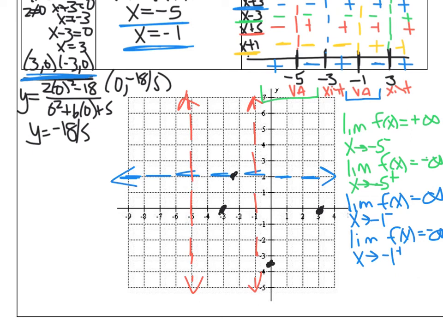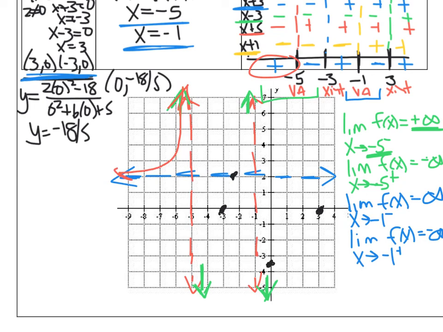Anything else? Nope. So let's add our limit analysis information. So left of negative 5 is going to go to positive infinity. To the right of negative 5 is going down. Left of negative 1 is going up. Right of negative 1 is going down. And we'll use our sign chart to finish everything. So left of negative 5, everything is positive. So I already have this nice arrow.